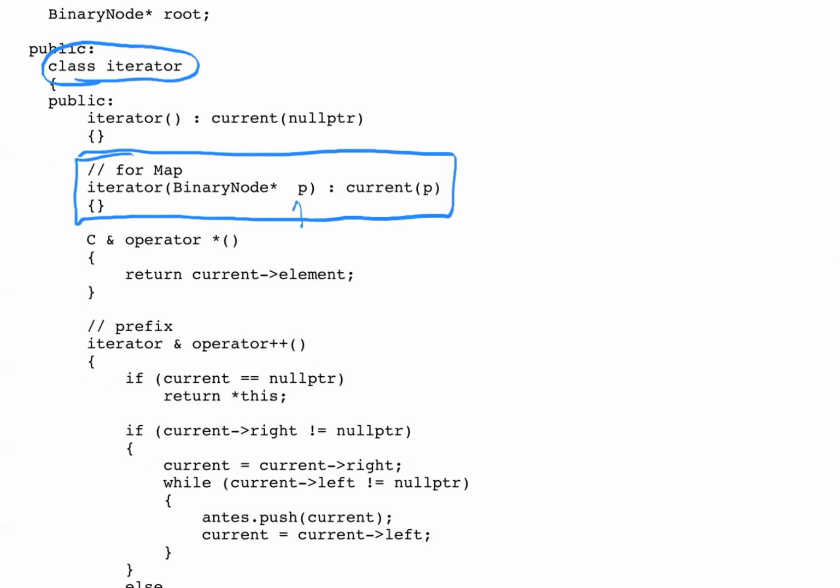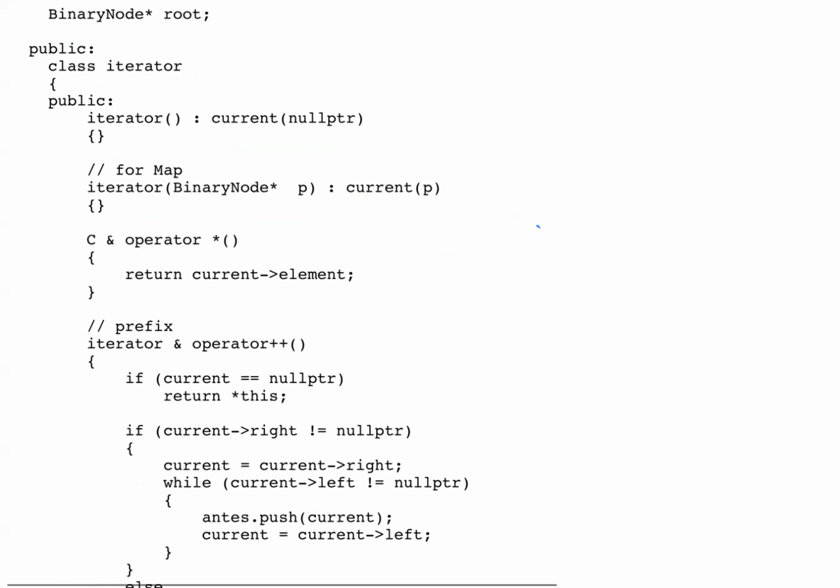We pass the address of a node, and then this constructor sets the current pointer to this node. So this is equivalent to current equal to P. So the current points to this node. We change the set class template to add this iterator constructor and to change the return type of the insert member functions. And then we use them for the map class template.